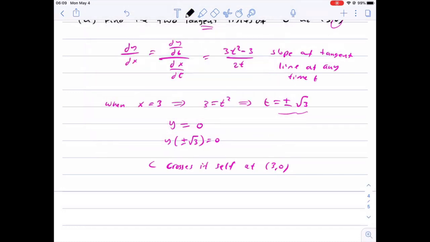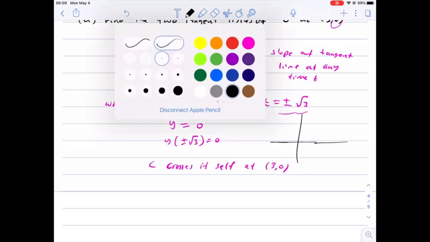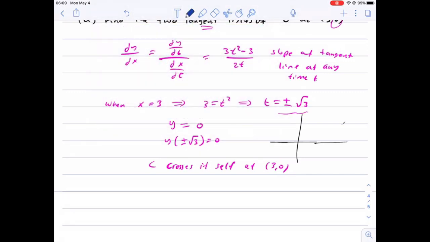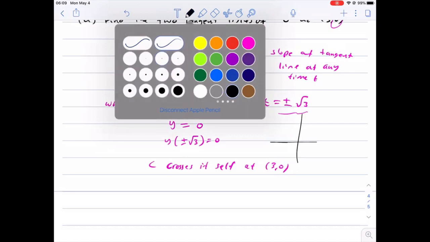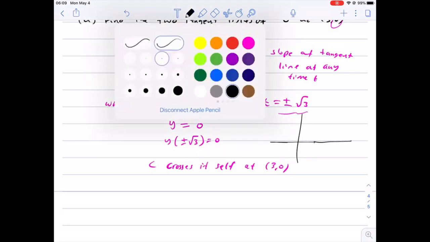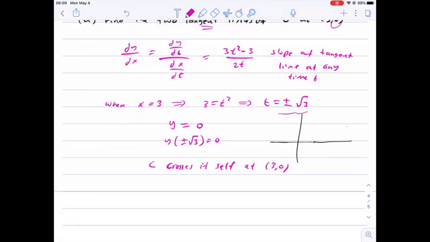The graph is not required, but if we graph this function using technology, we may get a graph that looks like this. This is a graph of the function.